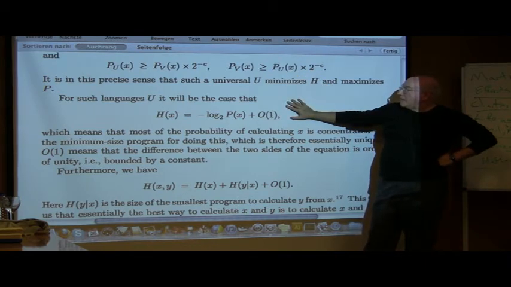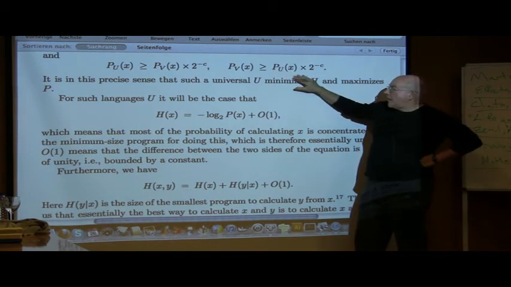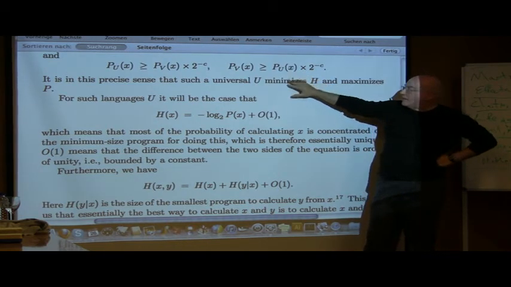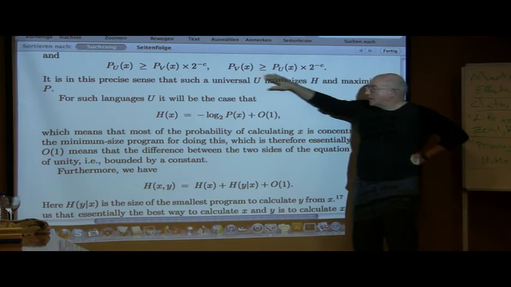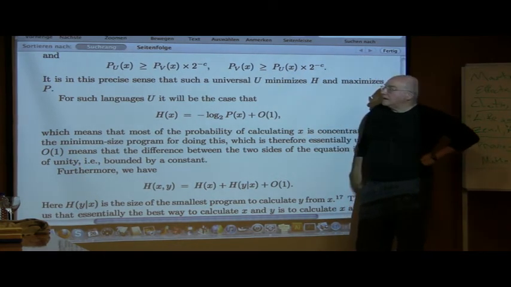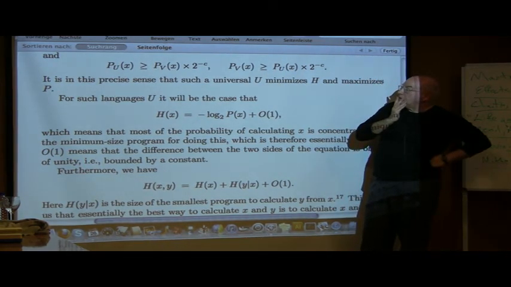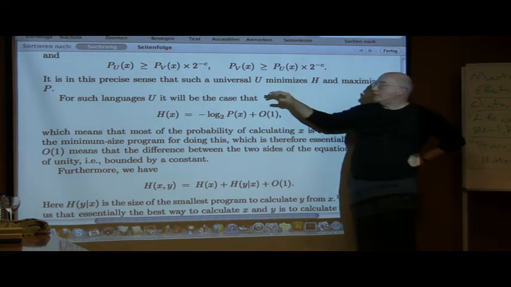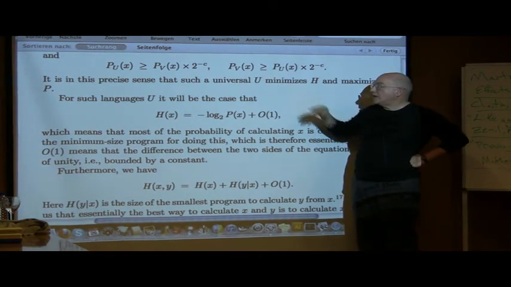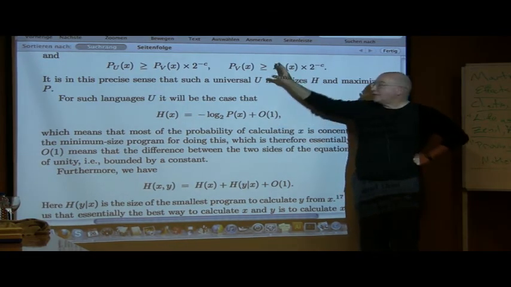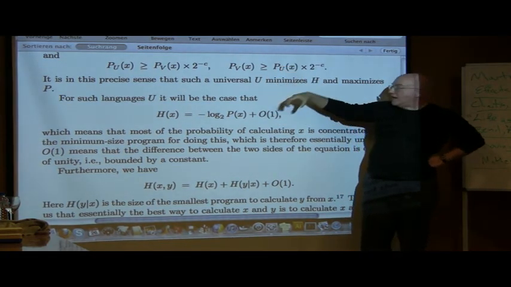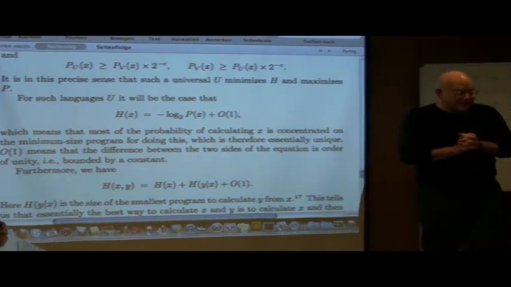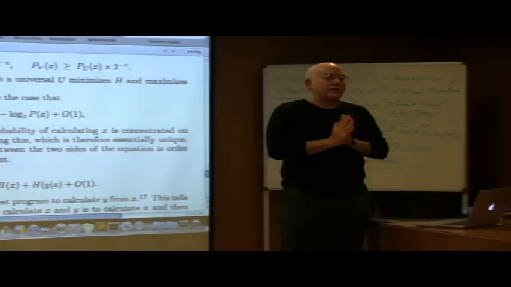It's the probability that an algorithm will give you x as output. And the point is, these are maximal. So if you change the universal computer or the programming language you're using, these probabilities will change a little, but not too much. You're essentially getting a maximal algorithmic probability. And so what that means is that this is sort of a natural measure.